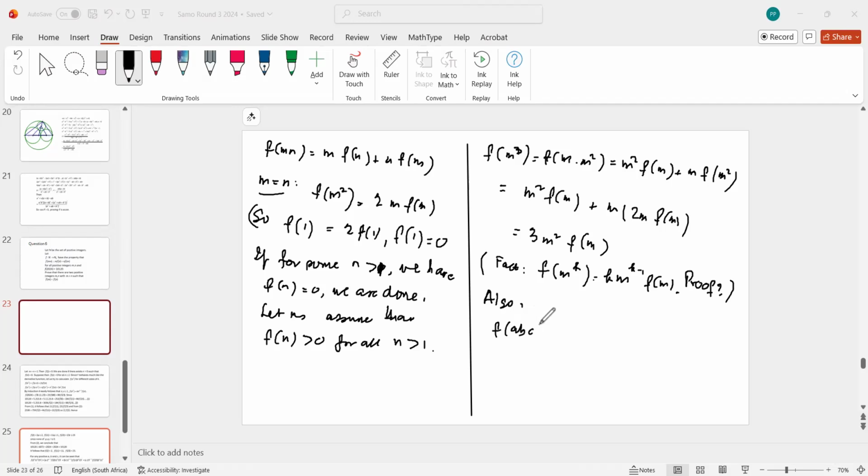you can extend this thing. f of ABC is equal to AB times f of C plus C times f of AB.